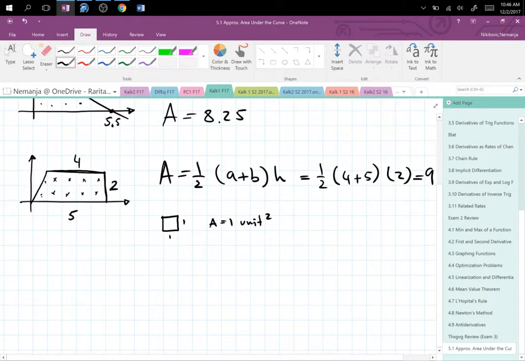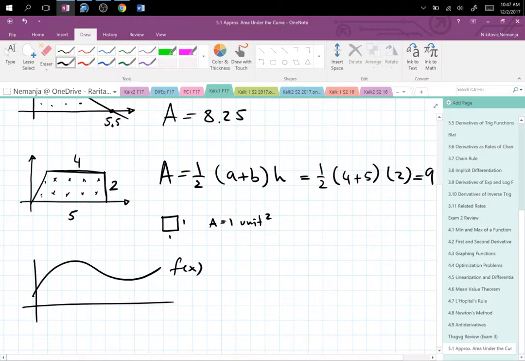The hell breaks loose when you have a function like this. So what is the area under the curve between A and B now? You might want to be fancy and try different things, but these are curves.